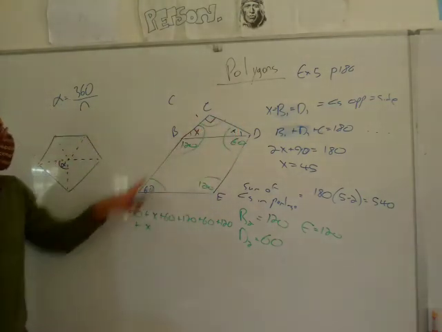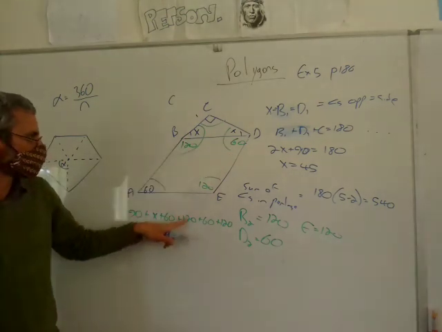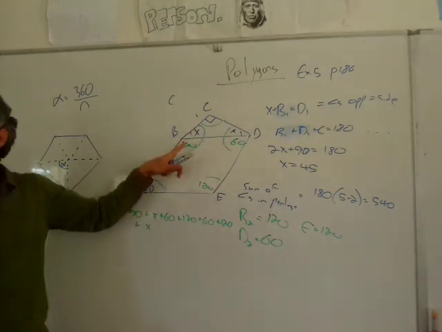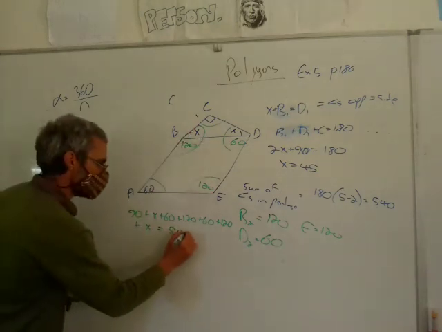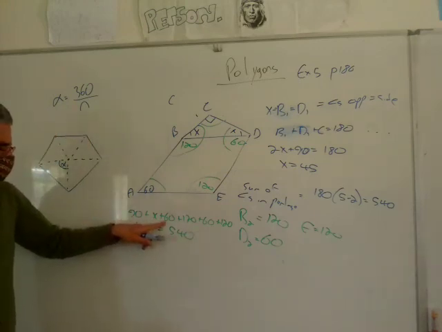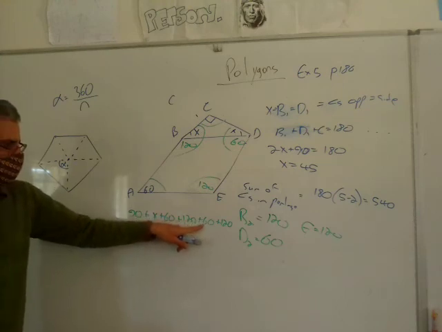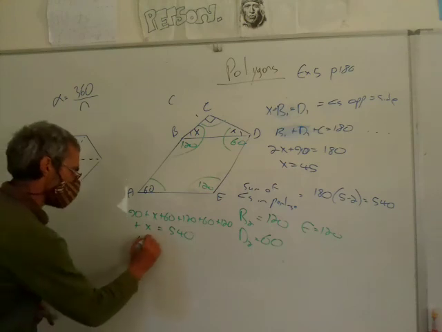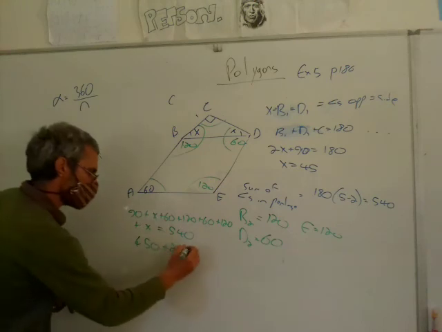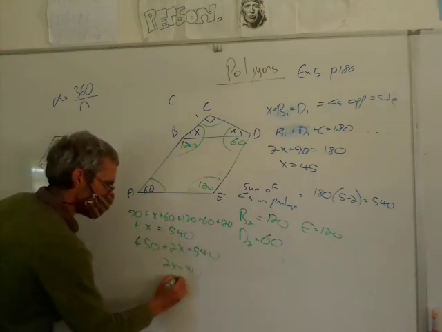All of that is equal to 540. Now I'm going to add 90 plus 60, help me out here, 150, 270, 330, 450. 450 plus, don't forget, 2x equals 540. 2x equals 90, x equals 45.